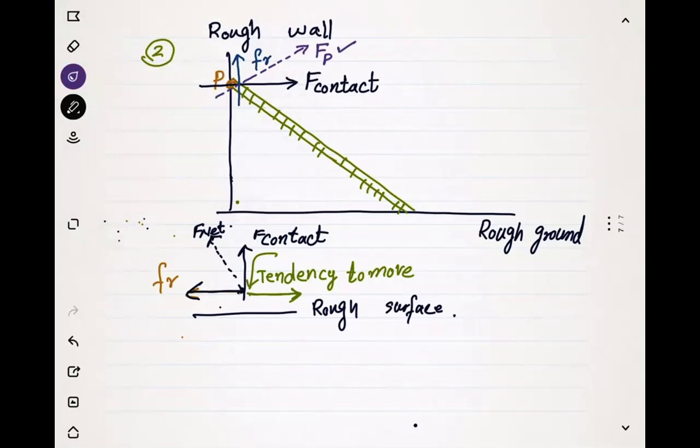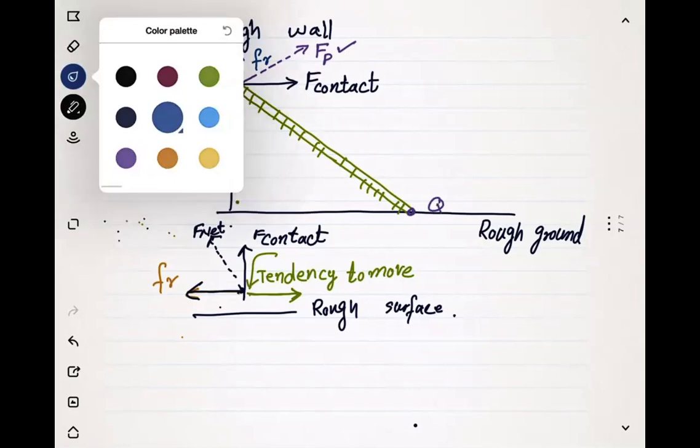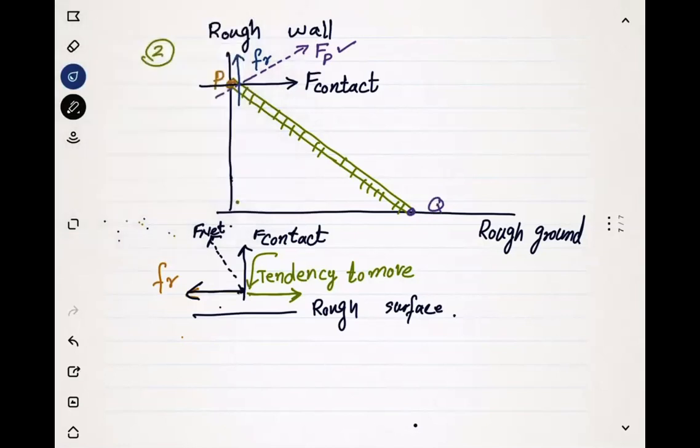Now this was point P. Now just think about point Q. For point Q, the tendency to slide is towards right. If Q is sliding towards right, then friction on Q will be towards left.